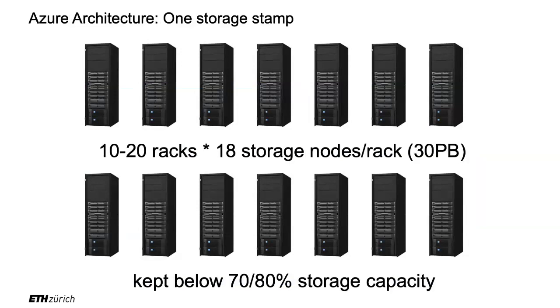All right, so these are a few of the differences, but apart from that, it basically feels a little bit the same. However, for Azure, we know how it's done inside. The way it's done is that they have these rooms in the data center that are filled with machines that I already told you about. And so they have every time 10 to 20 racks that themselves have maybe, I don't know, 18 storage nodes, right? You have to imagine that there might be a few computers in there, but many of the nodes that are in there are in fact full of hard drives, right?